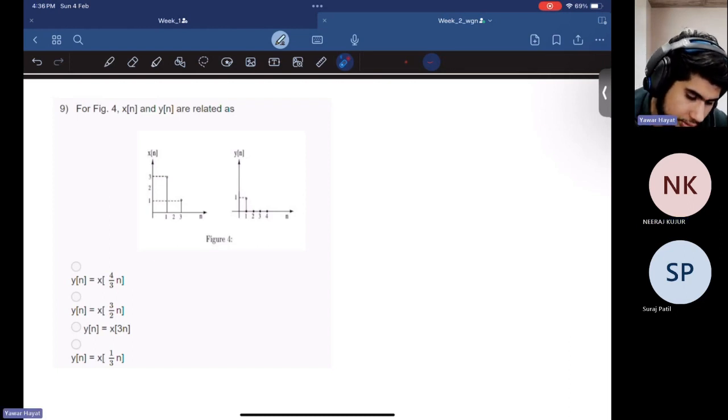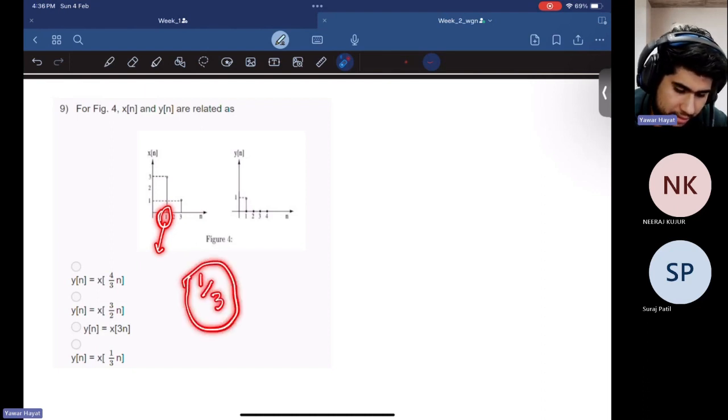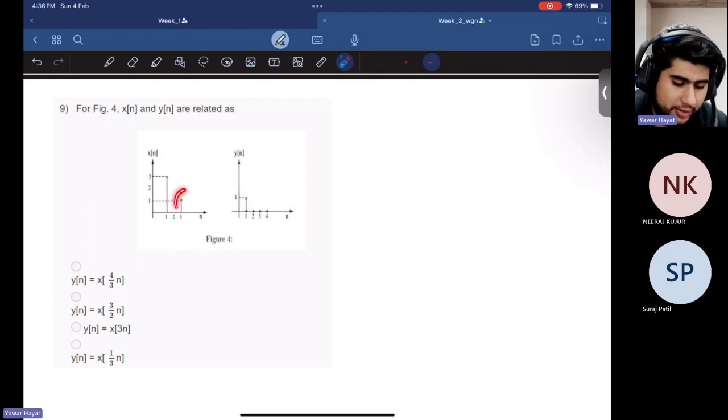Fine. So if we would perform this scaling operation, the value corresponding to this 1 would now exist at some 1 by 3, which is not an integer, right? So hence this sample would be lost. We'll be left with this sample only because 3 by 3, why is it not working?